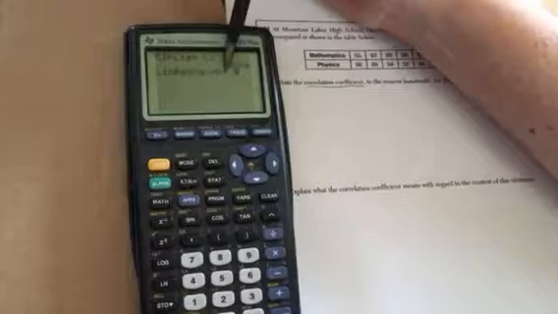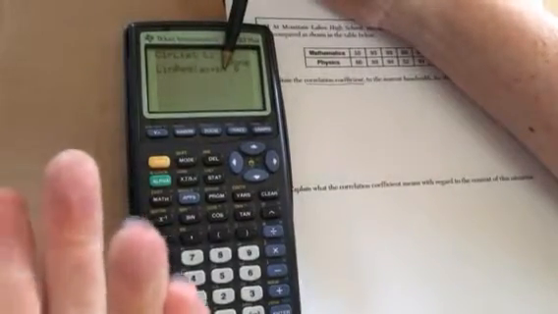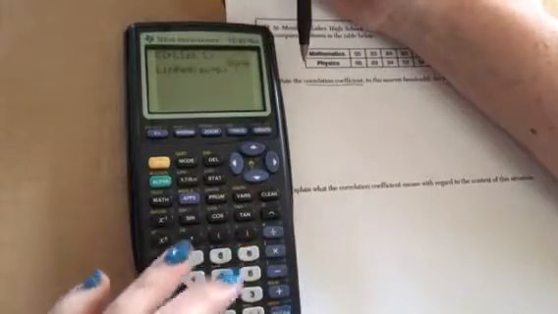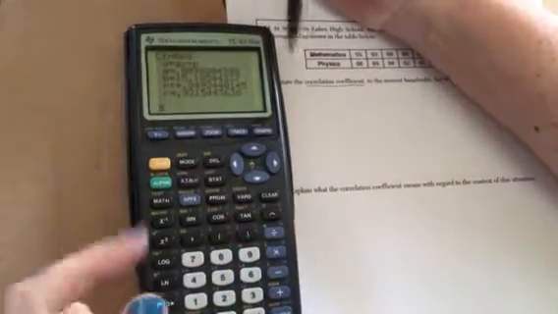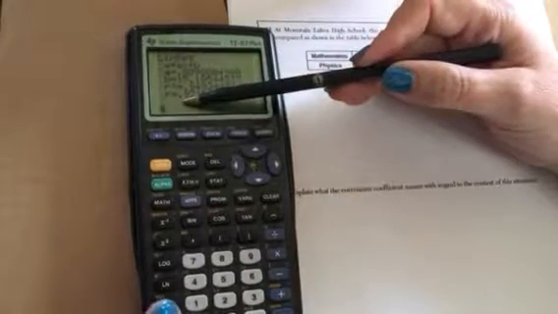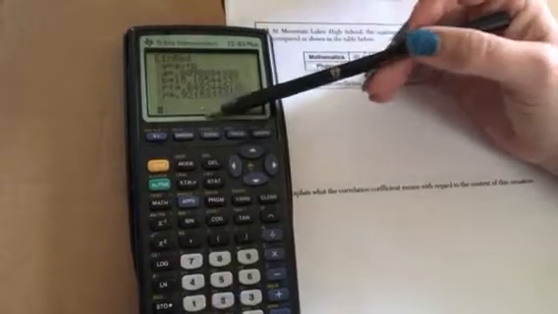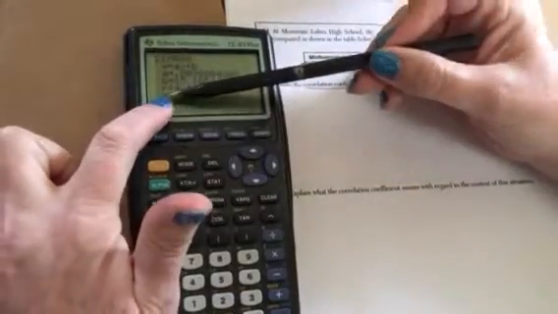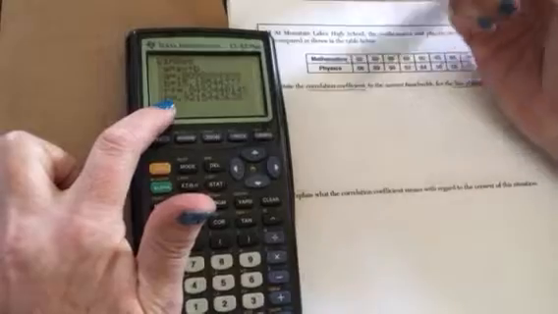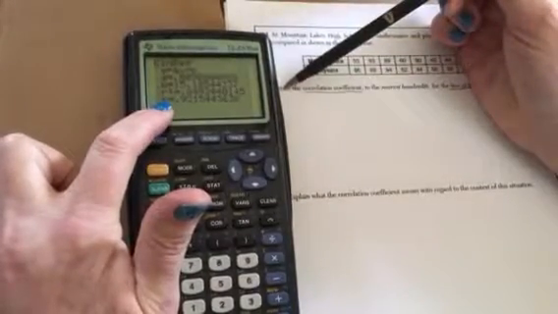Okay, here we go. This is going to give us exactly what we want. It defaults to L1 and L2 where we have our information. Now, all of this should be on. If you don't see all of this on your calculator, you need to email me back and let me know, because I'll be sure that you do. This last number is the correlation coefficient that this question asks us about.